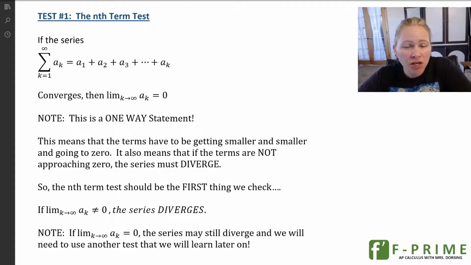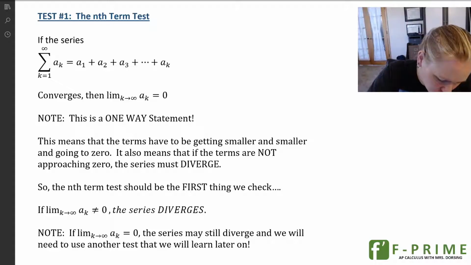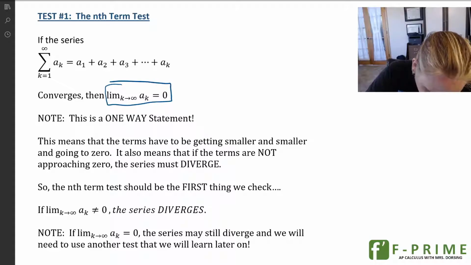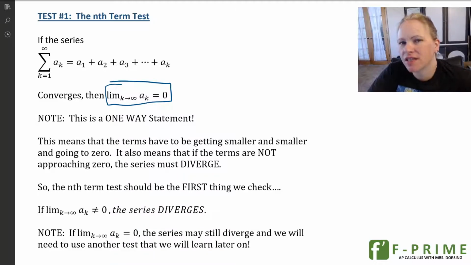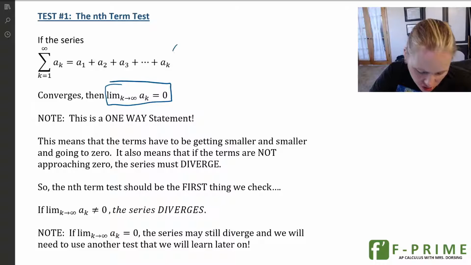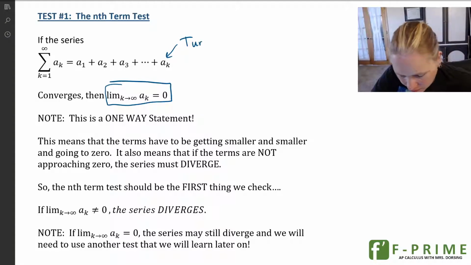If the terms are turning into something else, so remember, this is what we did in chapter 8. If the limit, and we used k here, usually we use n, if the limit is approaching 0, well, we aren't guaranteed that it converged, but if the series is converging, then we know that these terms are turning into 0.